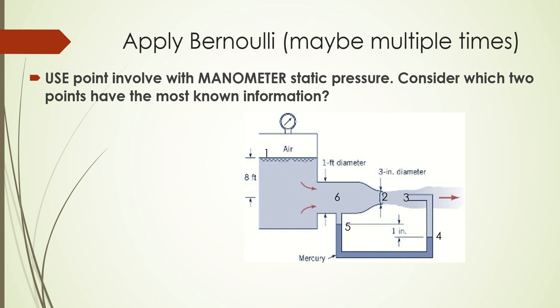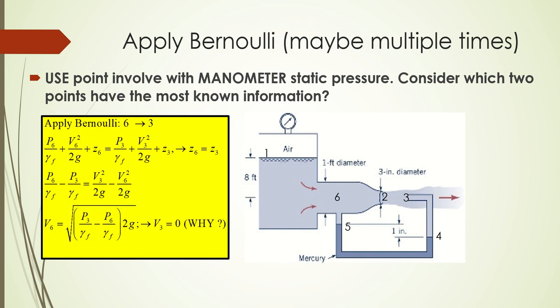Now I want to be able to use the same points that I used with my manometer for static pressure. And we have to consider which 2 points have the most known information.